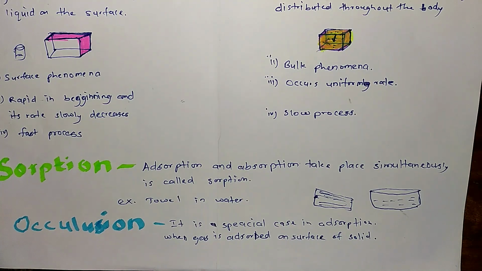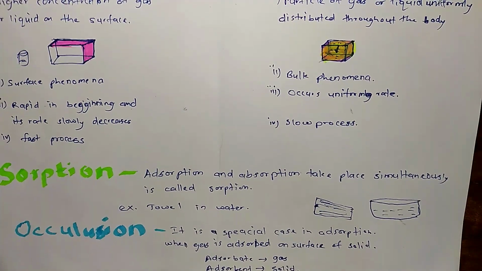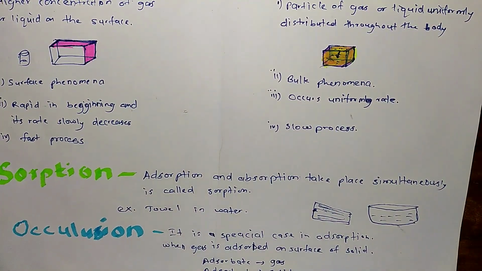Here the adsorbate is gas, and the adsorbent is solid. One example of occlusion is silica gel.